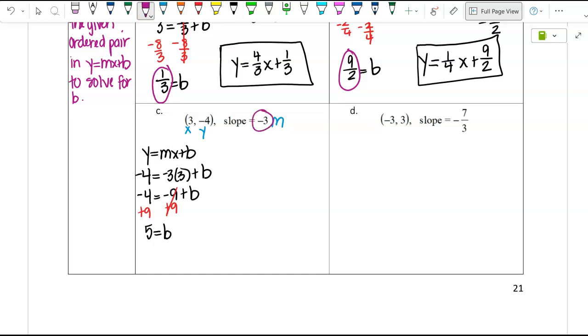So now I have my slope of -3, my y-intercept of 5. So y equals -3x plus 5.